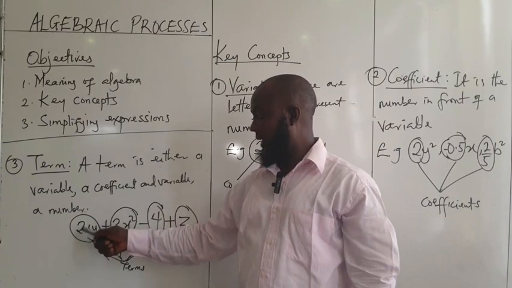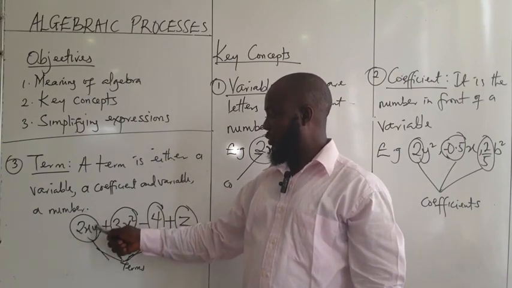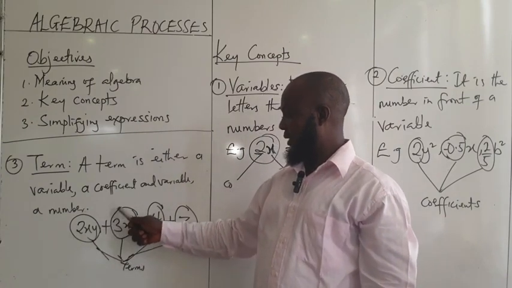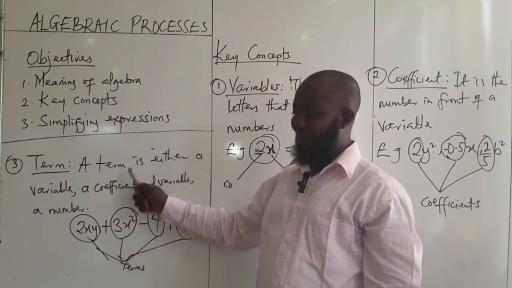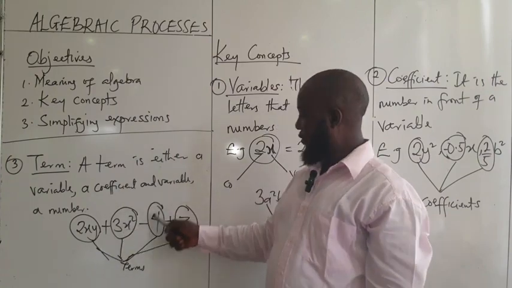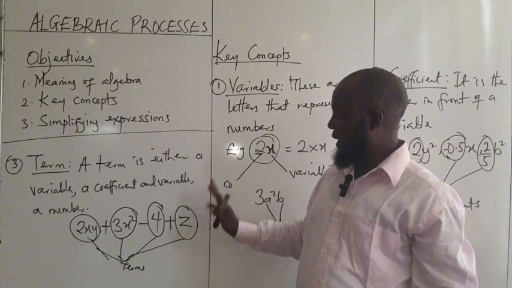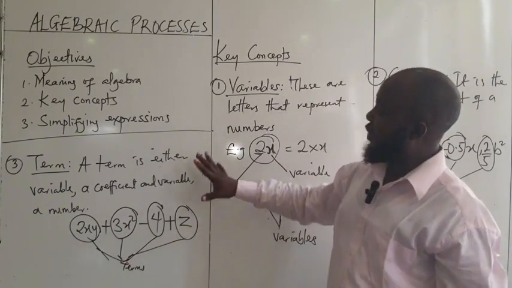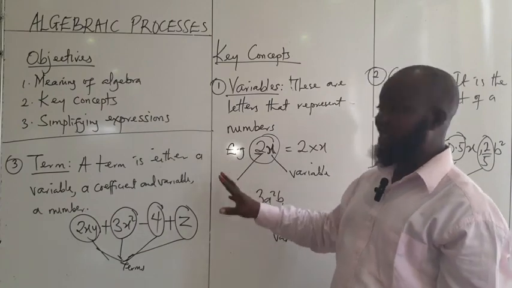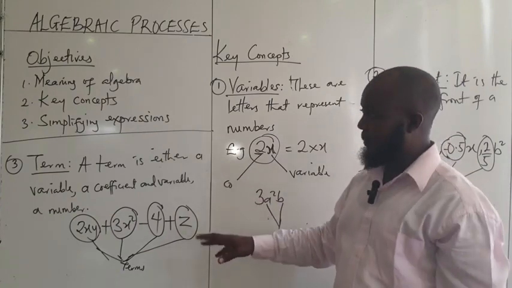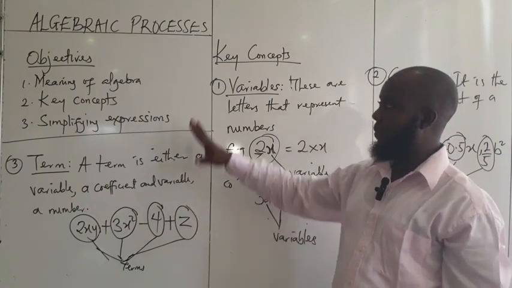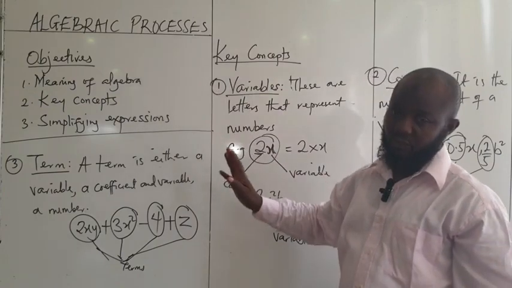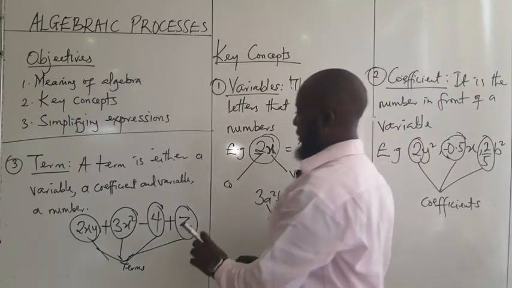That is, 2 is multiplying x, it's also multiplying what? Y. 3 is multiplying x and also multiplying another x, making x squared. 4 is standing alone, z is also standing alone. All these ones are what we call terms. So understanding these key concepts will help you a lot by the time we go into the details of algebraic processes. Am I making sense? So that is that on that.